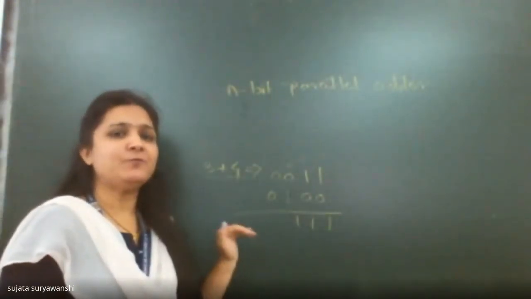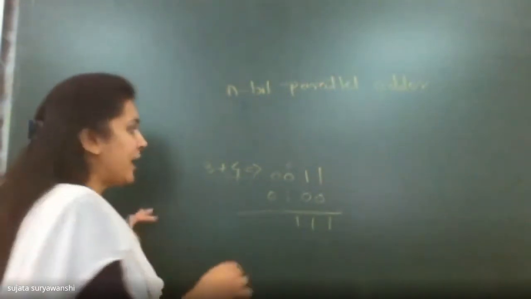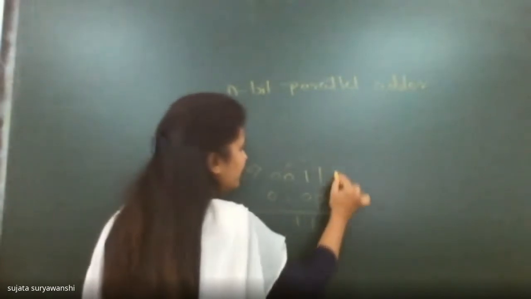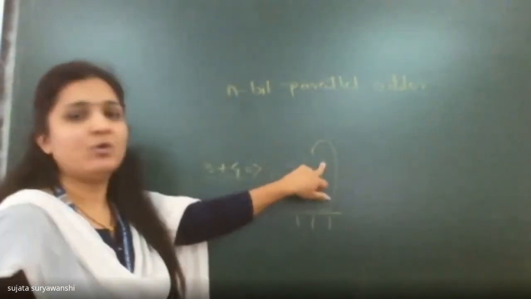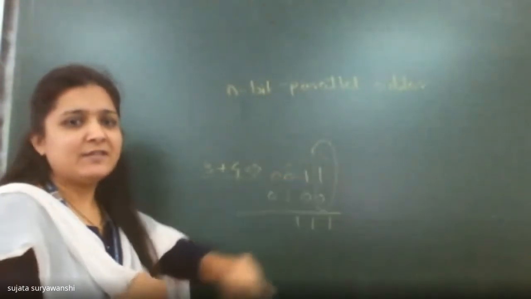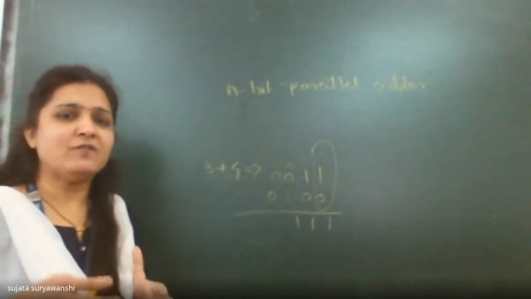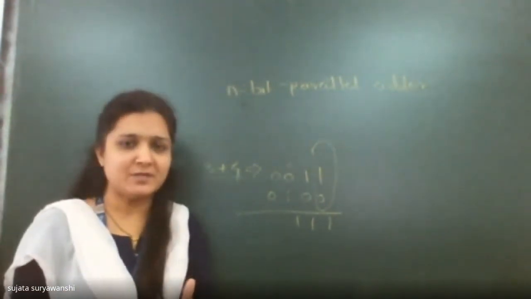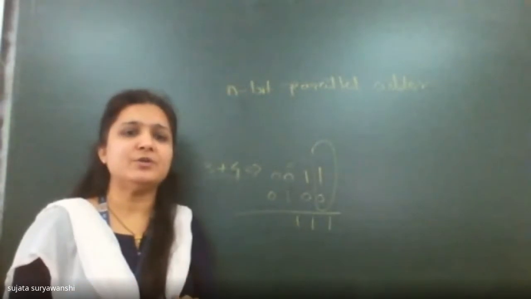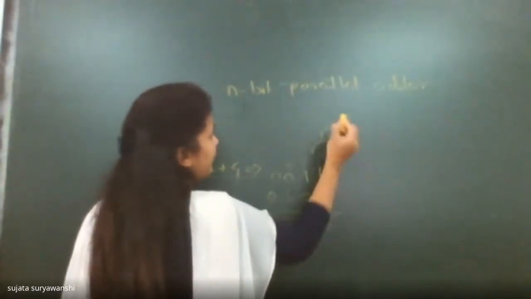But with the help of a single full adder, we can't perform this addition, as a full adder can only add 3 single bits, means 2 binary bits along with carry. So to overcome this drawback of the full adder, if you want to perform addition of 4-bit binary numbers, how many full adders do you need? Suppose this is my first full adder.